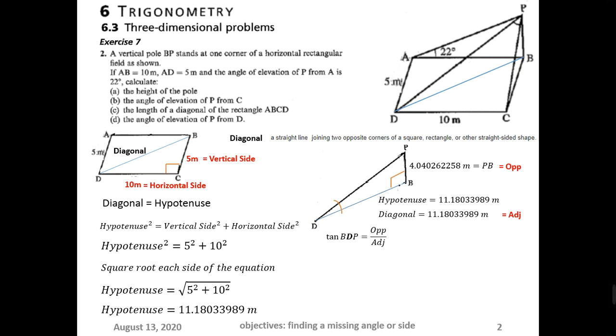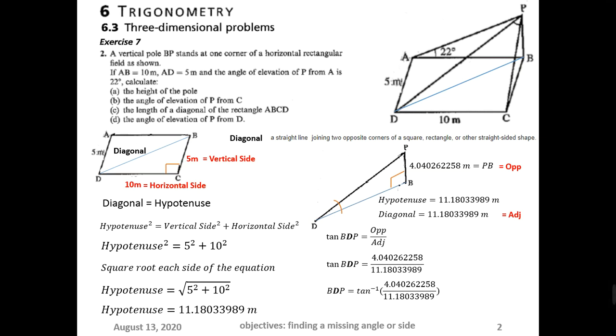Let's simply substitute in this formula. Tan BDP is equal to 4.04 over 11.2. Now we're going to use the tan inverse to find the unknown angle. So we're going to say BDP is equal to tan inverse 4.04 over 11.2.